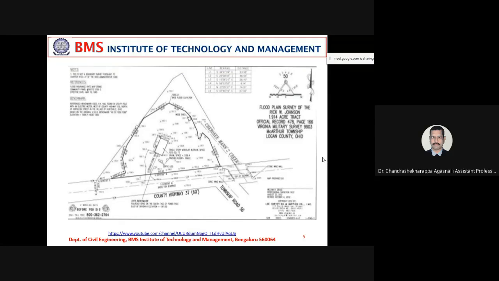Now this is not much visible here. The drawing is of plane surveying, this one. I think the clarity is not there. Here you can see the floodplain survey of the area. This is a highway and this is a township road. Just a minute.